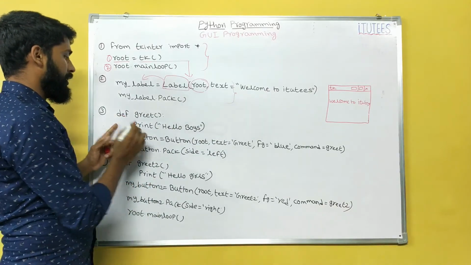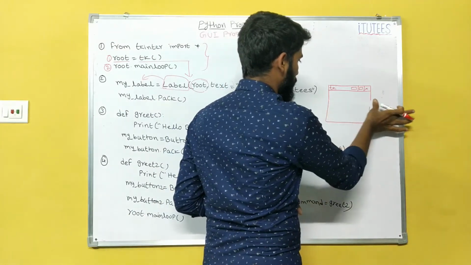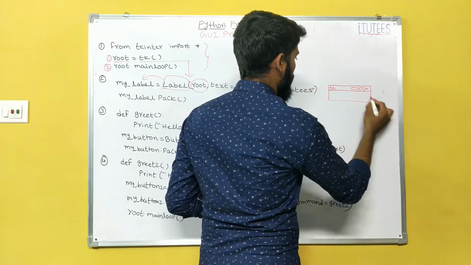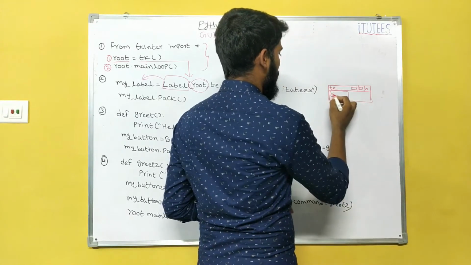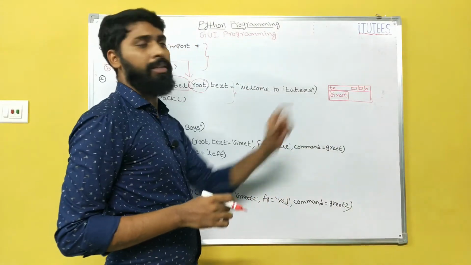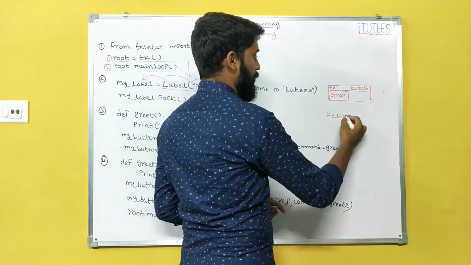So the next one is greet. For example, in this window I want to place one button. The button name is greet. Now if I click on this greet button, then it prints hello boys.